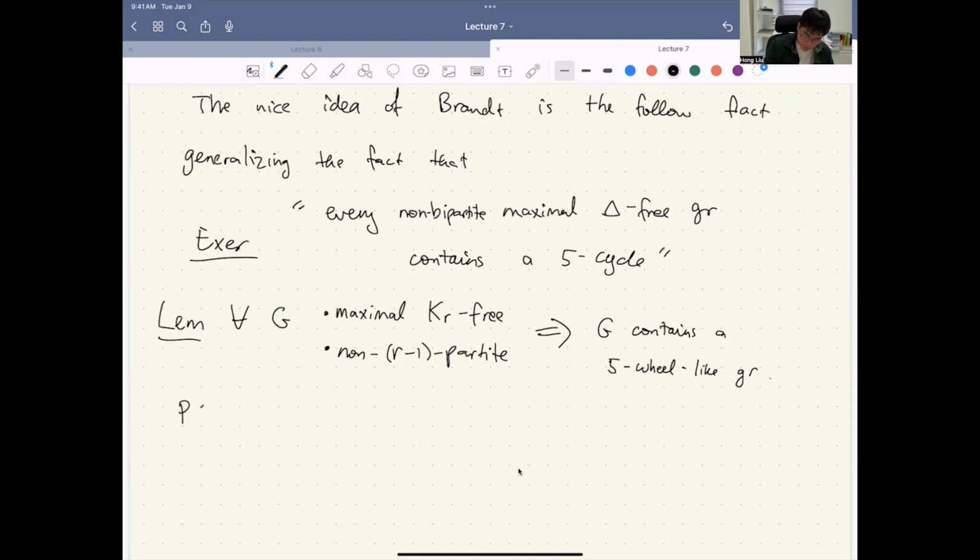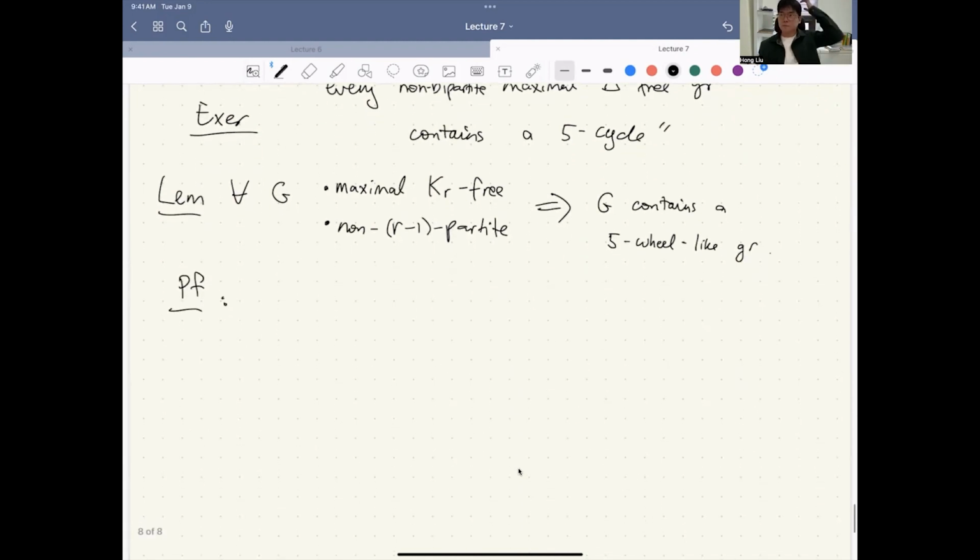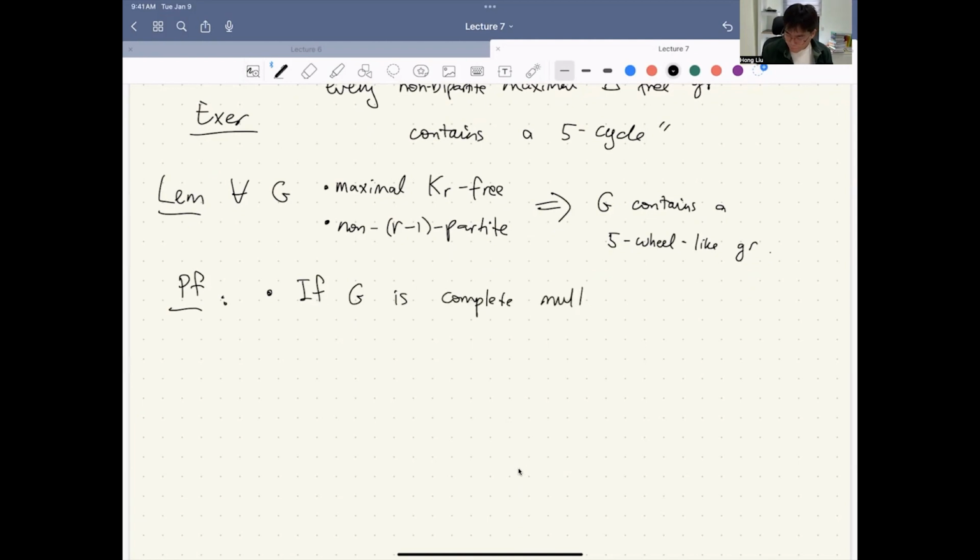The proof is simple. Let's prove it. First, if G is a complete multipartite graph, then the number of parts of G is at most R minus 1, as G is K_R free.